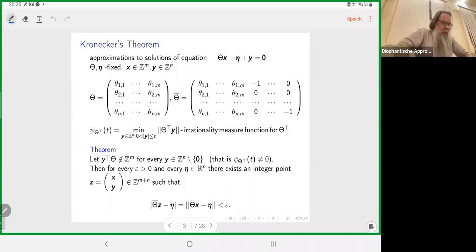So I will formulate the well-known Kronecker's theorem, and I introduce notation which is convenient for me. Theta is just the matrix which was handwritten on the previous slide. It is reasonable to consider an extended matrix.